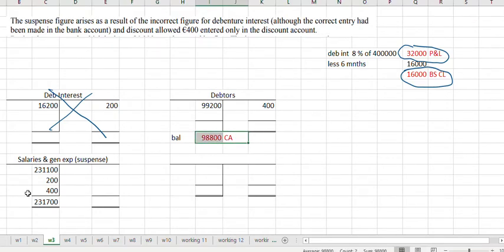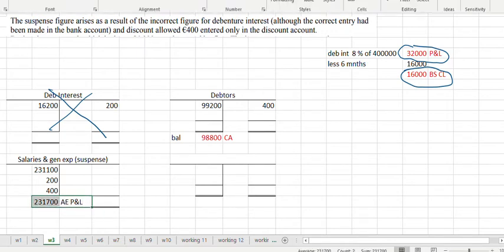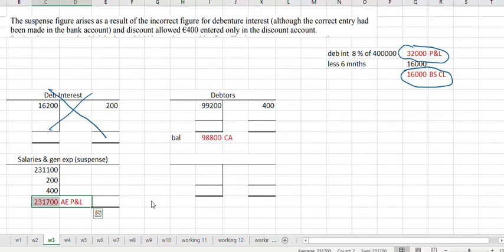And the salaries and general expenses would be an admin expense in the P&L account. So that's where that figure would go. So two more figures, new debtors figure, salaries and general expenses figure.